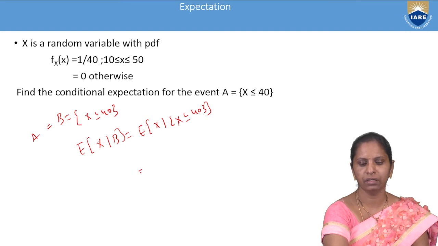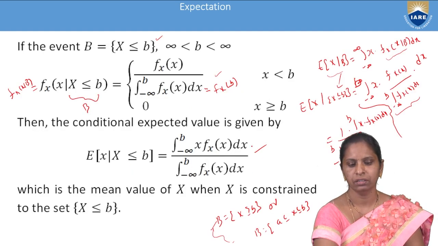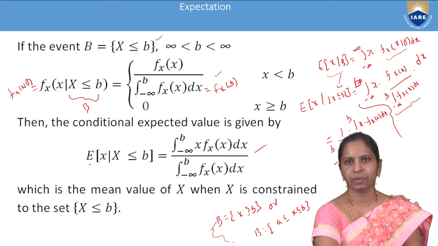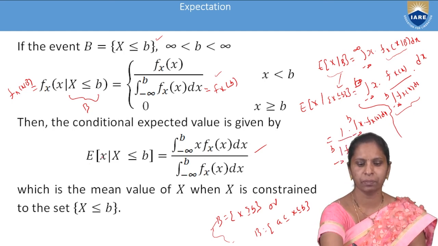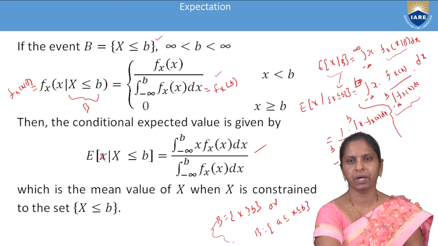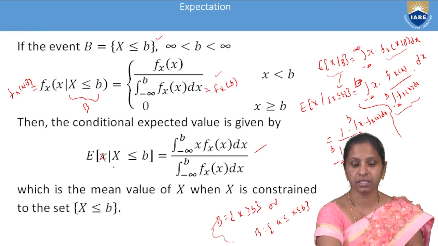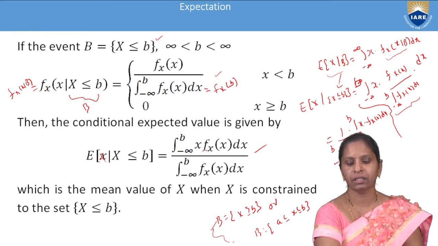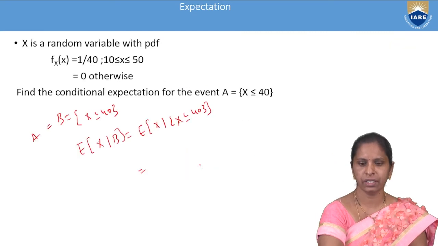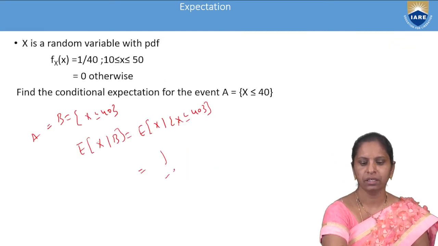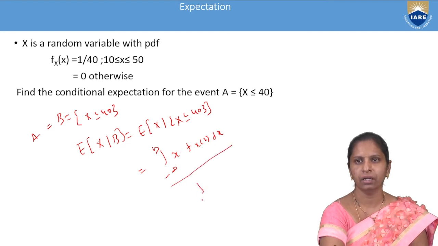So what is the formula? Just now see the formula for the conditional expectation of the random variable x, capital X. So E of x by, what is the condition? If the condition is x is less than or equal to b, then you have to use this formula: integration from minus infinity to b of x into fx of x dx by integration from minus infinity to b of fx of x dx.